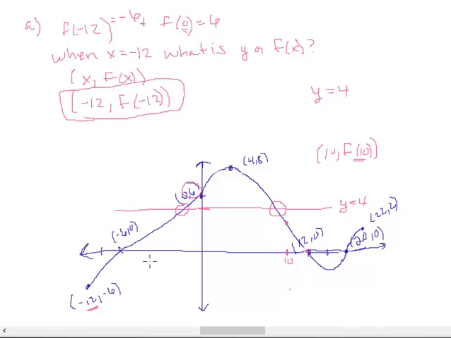Okay, letter D. For what values of x does f of x equal negative 4? So we're looking for y values of negative 4. That means negative 4 would be down here. It looks like there would be a y value of negative 4, maybe somewhere around here. If this is negative 6, actually if you look on your picture on the pink, I just didn't write that point down.